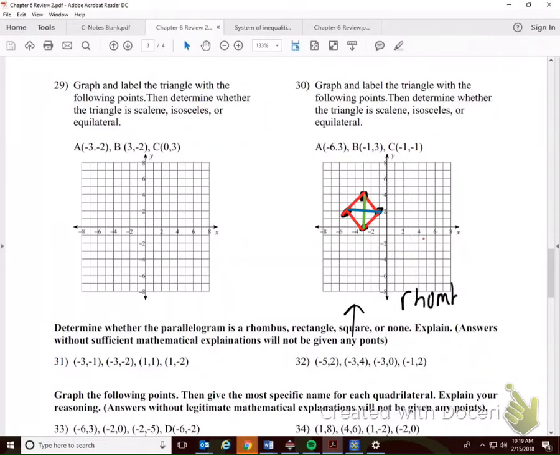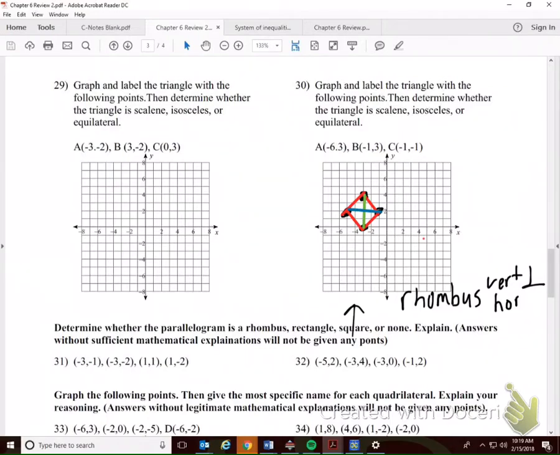So notice here we're looking at it's a rhombus. How do we know it's a rhombus? Because the diagonals are vertical and horizontal, and vertical lines and horizontal lines are always perpendicular. So because we have this quadrilateral with perpendicular diagonals, then it is a rhombus.